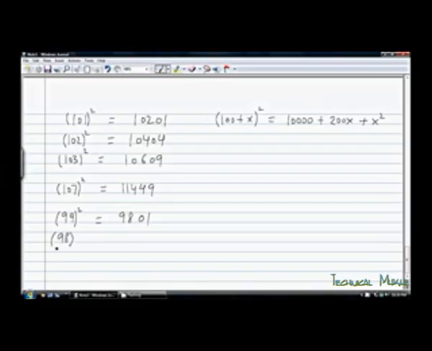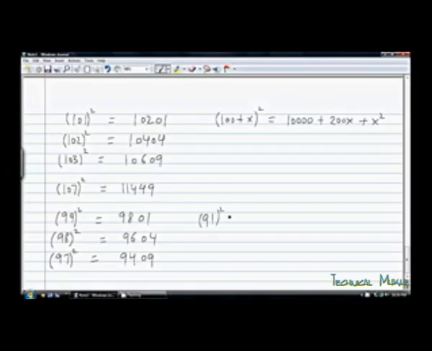Similarly 98 square will be 9604, and 97 square is equal to 9, 3 times 2 is 6, so 94, and 09. So I can go until 91.